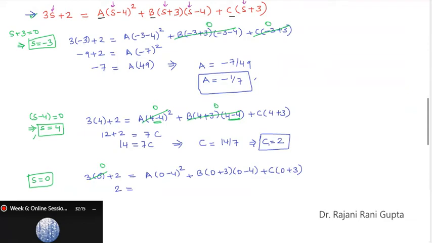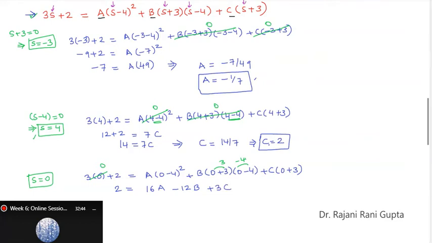It is equal to (minus 4) power 2, which gives you 16 times a. Now 0 plus 3 gives you 3, and 0 minus 4 gives you minus 4. 3 times minus 4 gives you minus 12 times b, and 0 plus 3 is 3 times c.